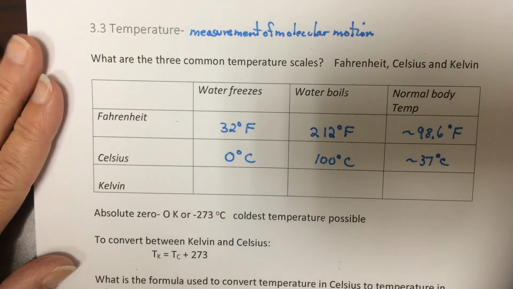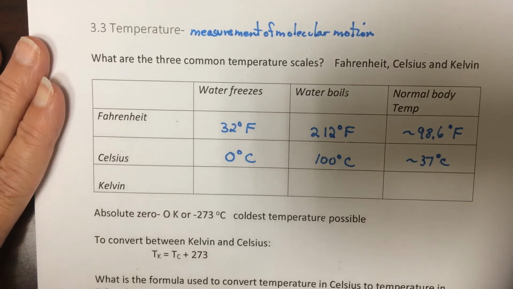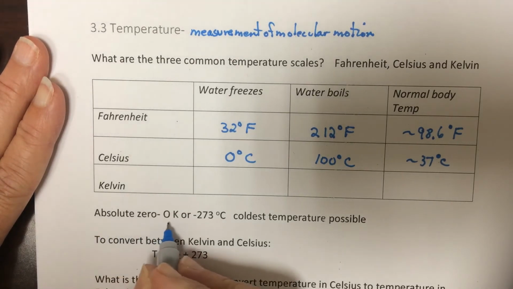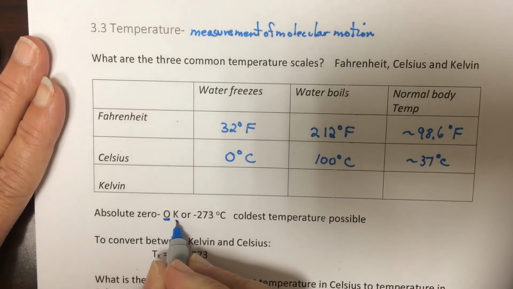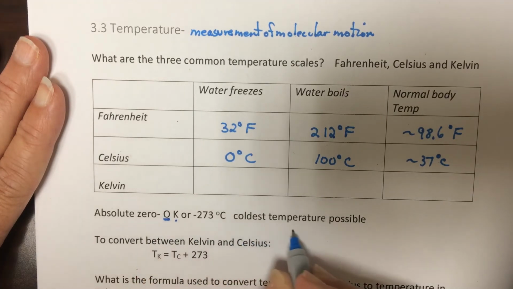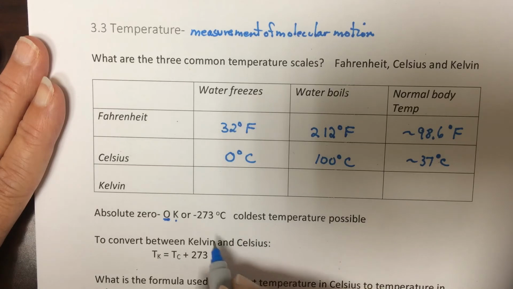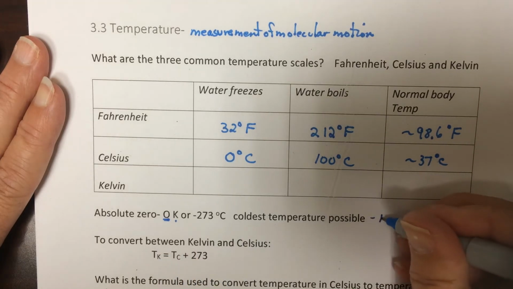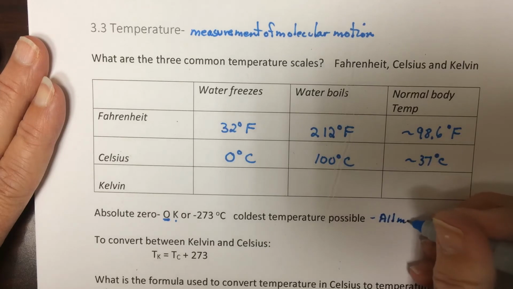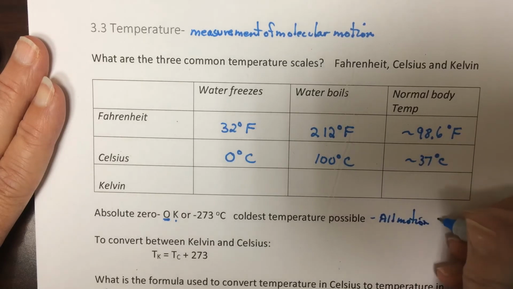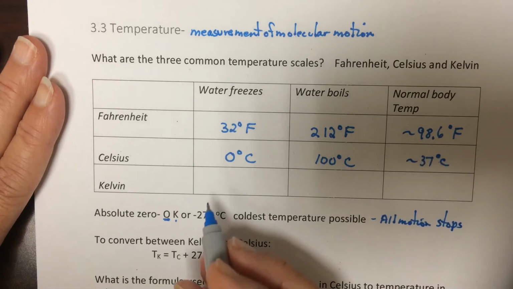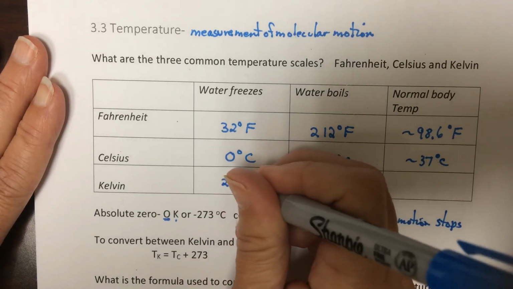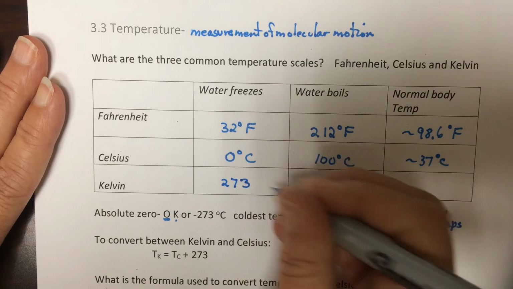We also will use Kelvin. And Kelvin is a very interesting scale because the 0 on Kelvin is equal to the coldest temperature possible. At 0 Kelvin, all motion stops. So water freezes at 273 Kelvin.